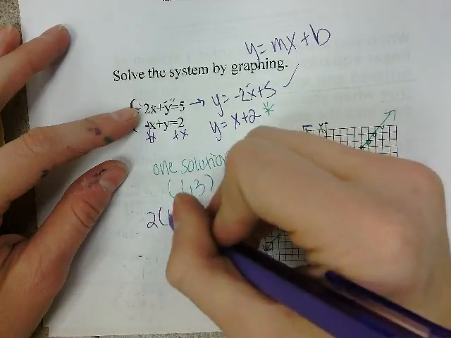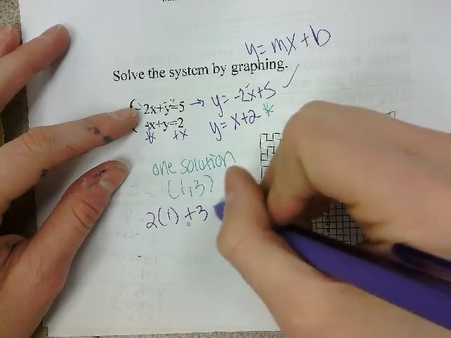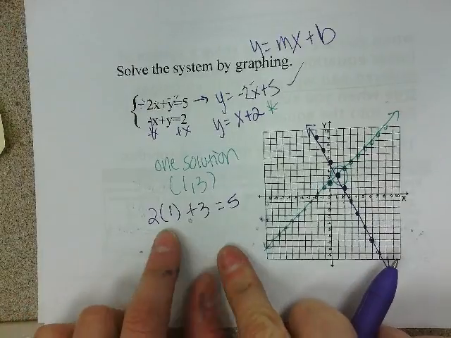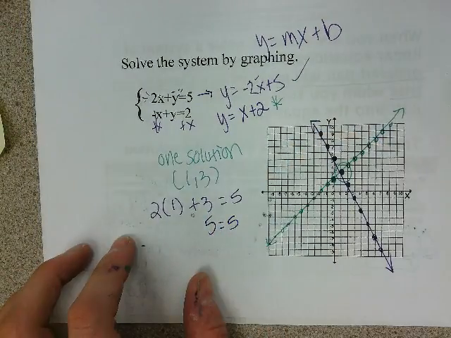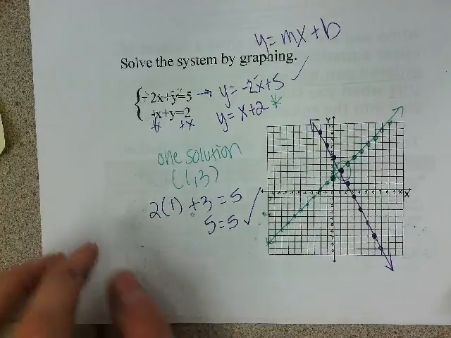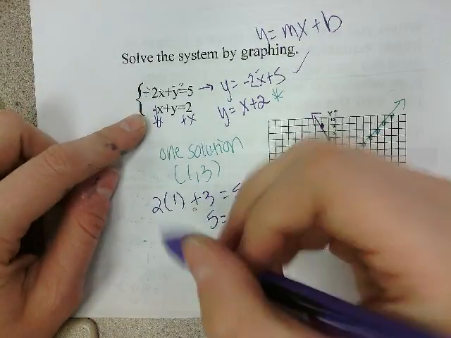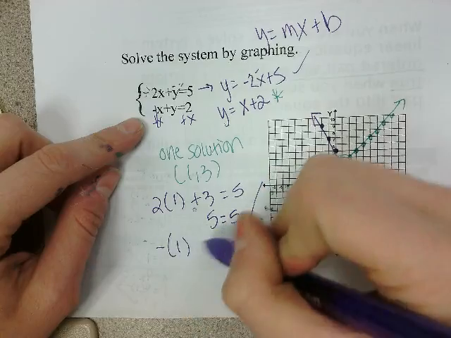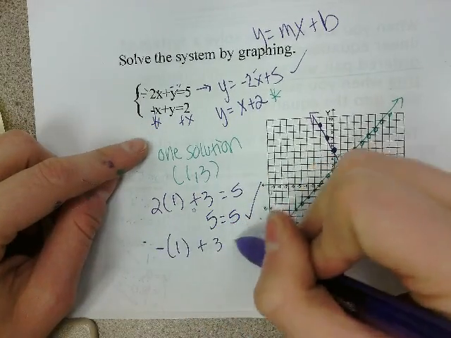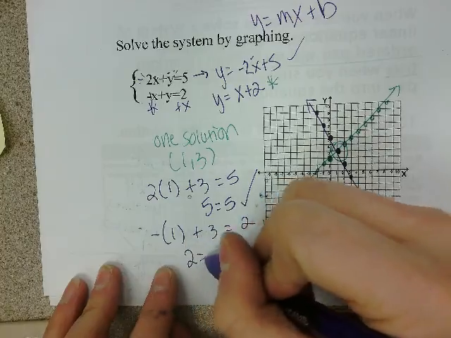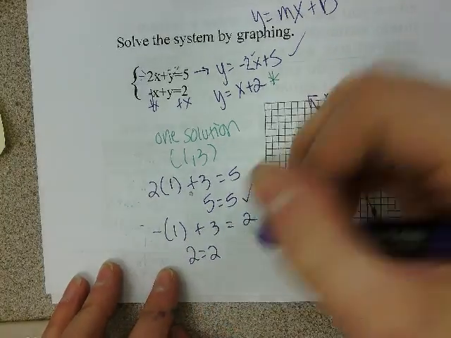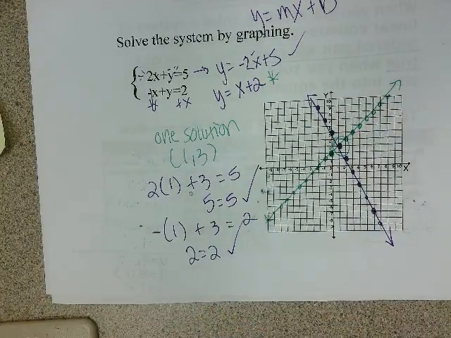So 2 times 1 plus 3 is 2 plus 3, which is 5. Does 5 equal 5? Yeah. So that's good. Now I'm going to plug in 1 for x and 3 for y. Negative 1 plus 3 is 2. Does 2 equal 2? Yes. So then we did our work correctly.